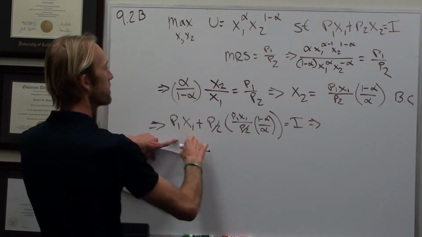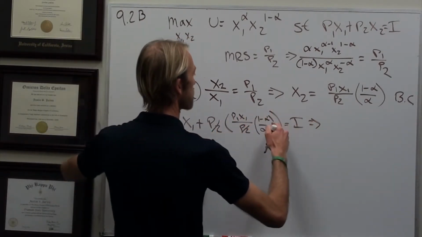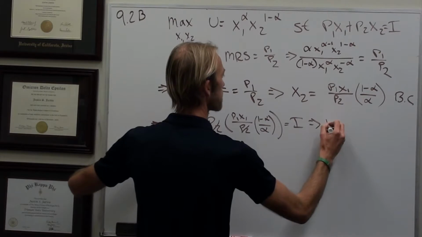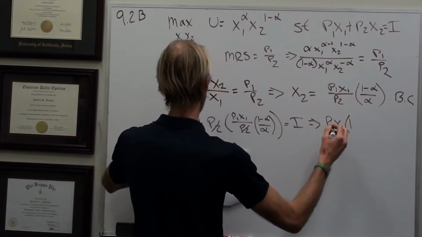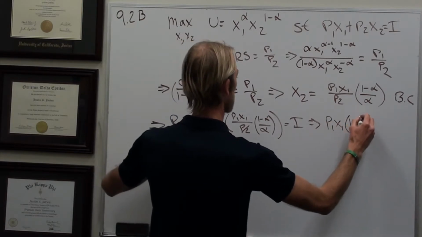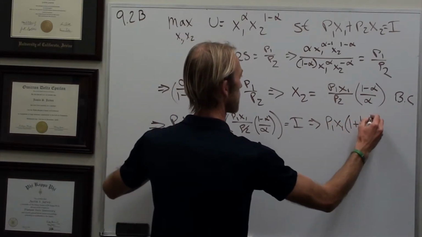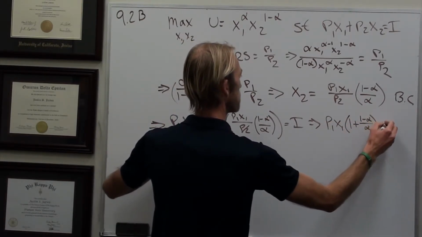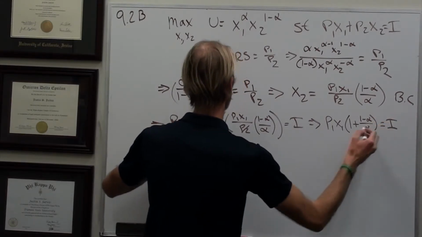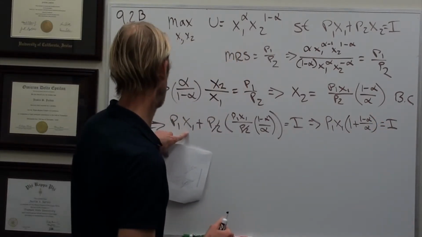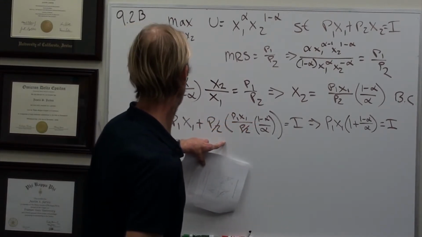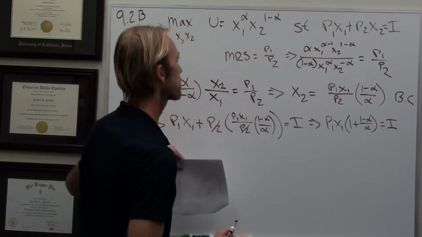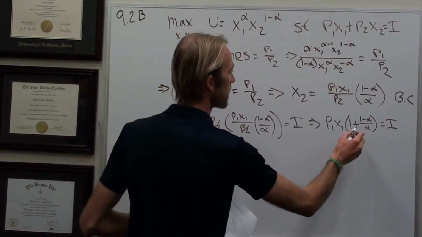This implies that I have p1 x1, and p1 x1 times 1 minus alpha over alpha. So if I factor this out, I have p1 x1 times 1 plus 1 minus alpha over alpha is equal to income. Let me make sure I did that right. Okay, looks good to me.